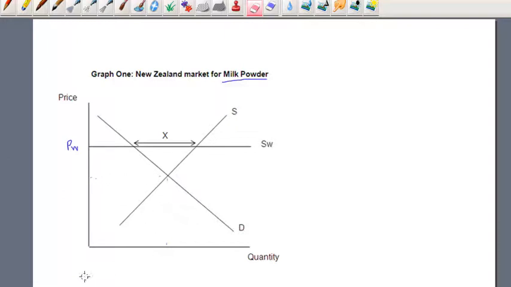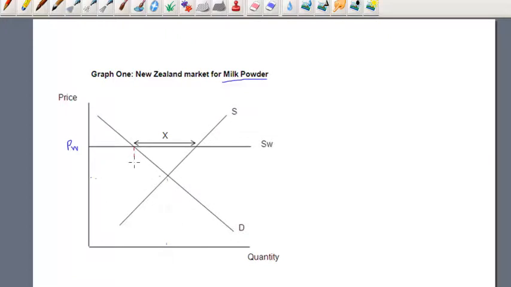Well, what else can we see at the world price? We can see that there is a surplus between the quantity demanded. Let's draw the quantity demanded in. Let's just change a color here.